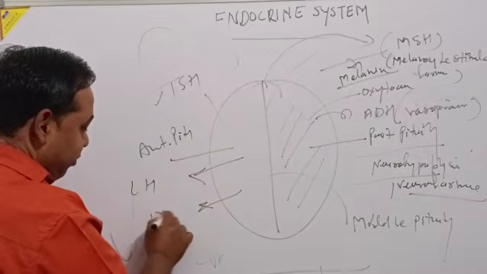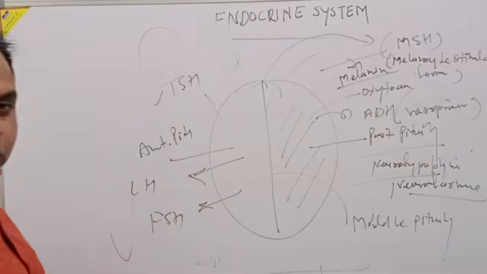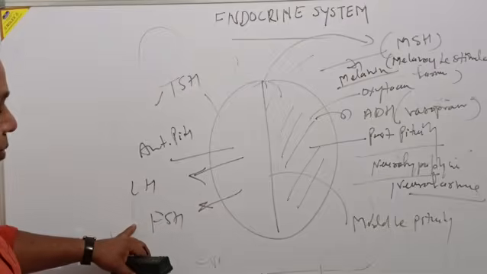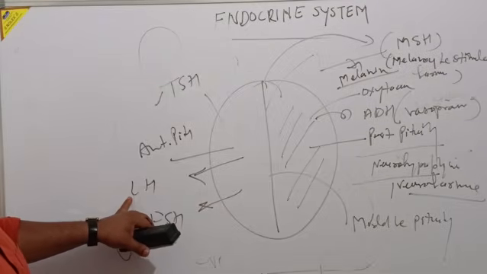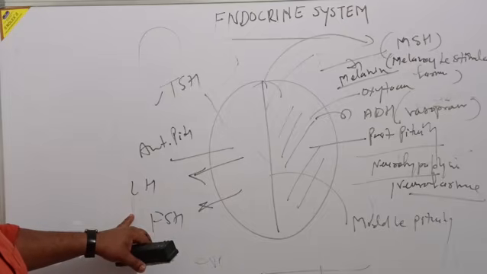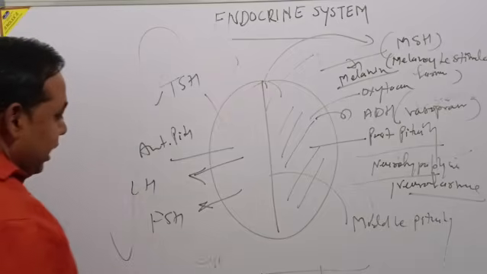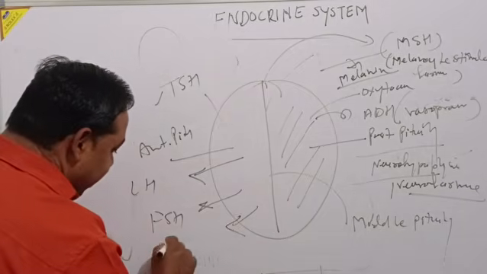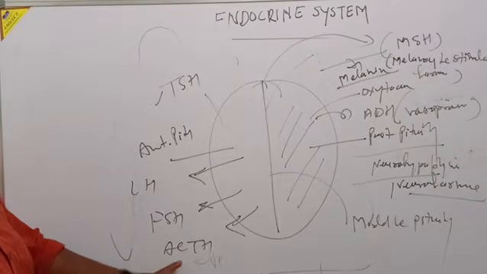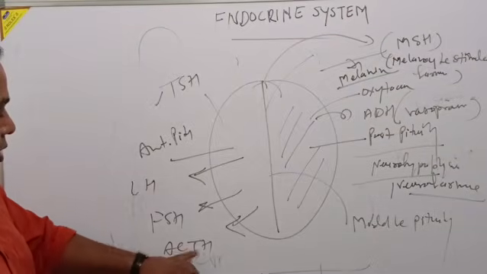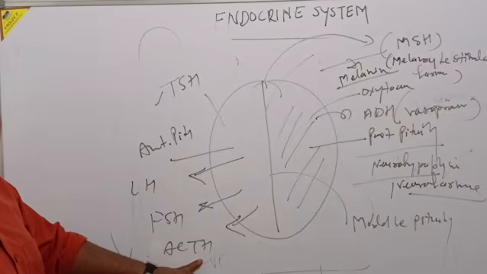Third is FSH, follicle stimulating hormone. LH and FSH are basically responsible for the functioning of the ovary and testis, and help in the secretion of testosterone and estrogen. The next one is ACTH, the adrenocorticotropic hormone, which acts on the adrenal glands, basically the adrenal cortex part.